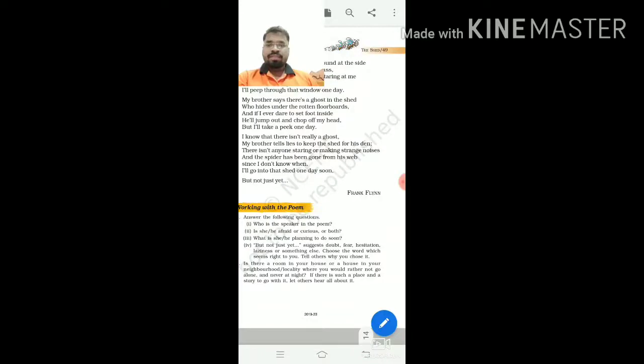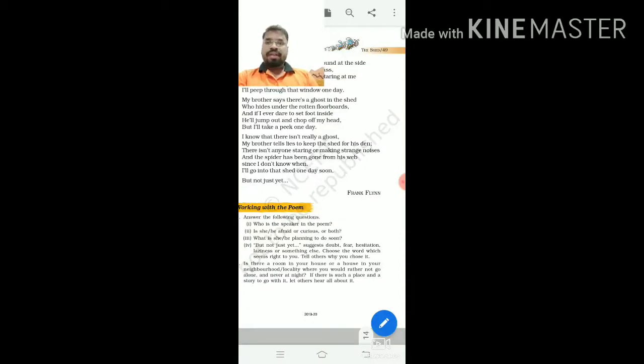There isn't anyone staring or making strange noises. There is no one who makes strange looks or strange noises from inside that shed, and the spider has gone from his way since I don't know when. I'll go into that shed one day. So the poet is telling that. I know there is only the web of the spider, but no spider over there.